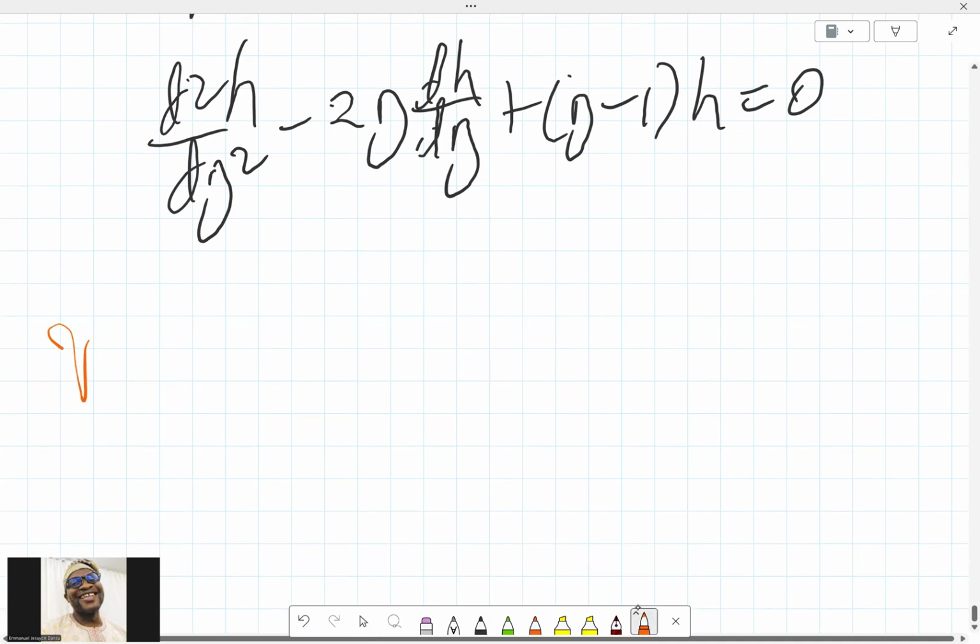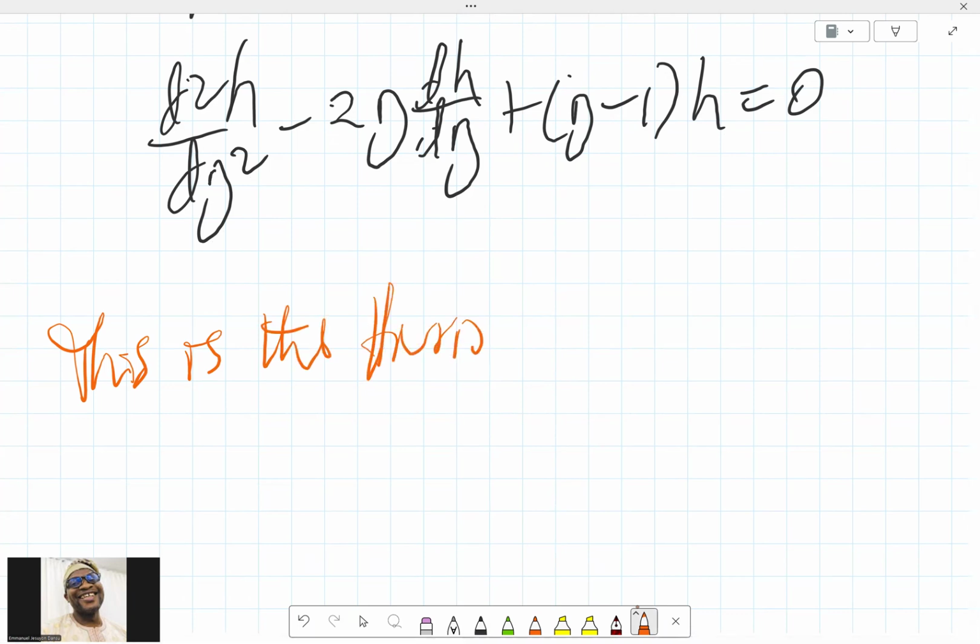So this is the Hermite differential equation.